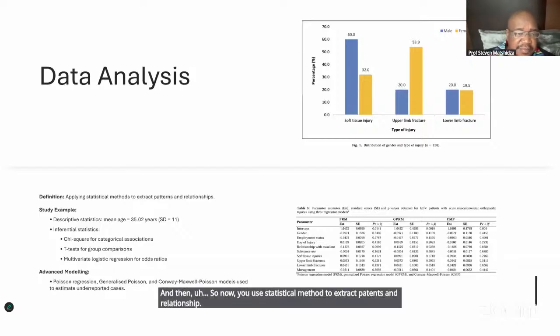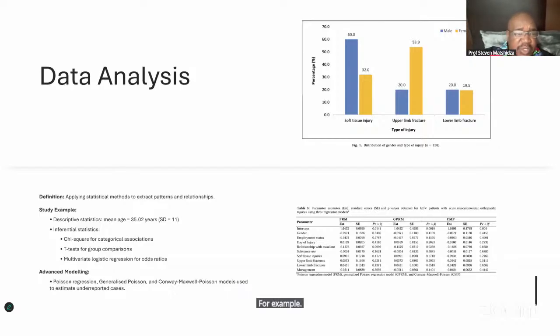For example, we used descriptive statistics. Mean age was 35 years. Or you can use inferential statistics under those three different categories that I've mentioned. A chi-square, t-test or multivariate. And then advanced modeling.